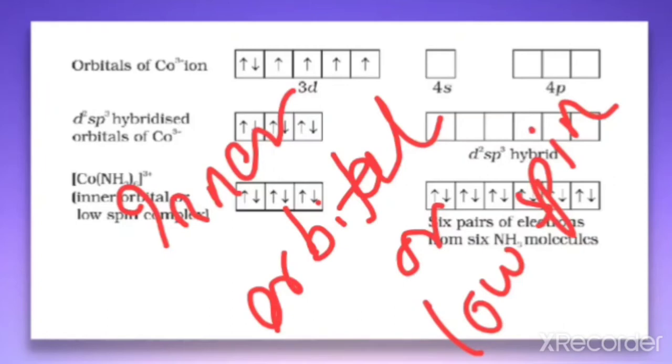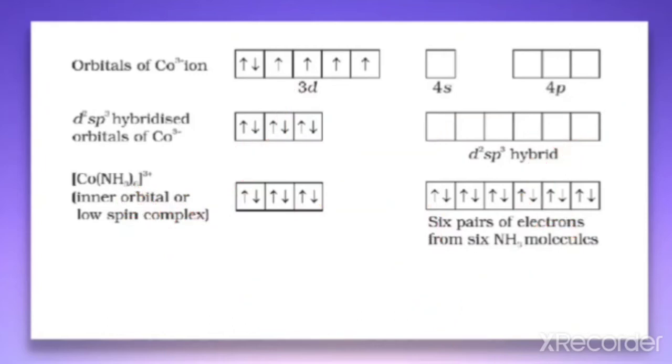Because inner d orbitals are involved in the hybridization. It is also called a low spin complex, or a spin paired complex. So this example is an inner orbital complex, low spin complex, or spin paired complex.